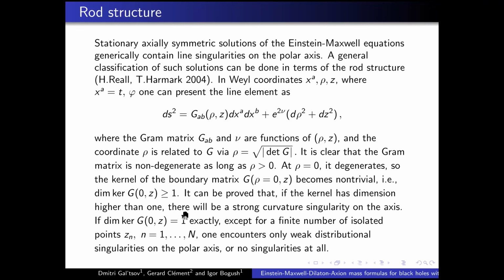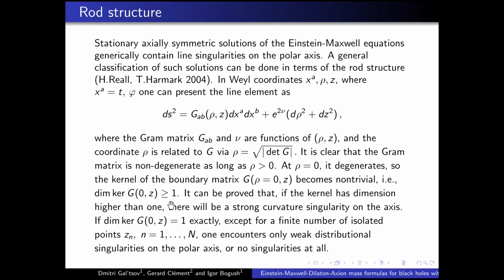So, what are rods? It is the degree of degeneracy of the Gram matrix G_AB at rho equal to 0. This matrix, its determinant is rho, so it must be degenerate on the polar axis. And the degree of degeneracy is, one can say the following: if the dimension of the kernel is more than 1, it will be a strong curvature singularity.